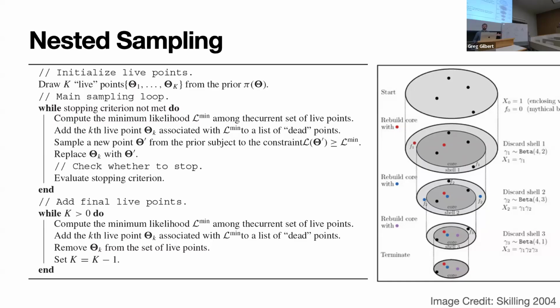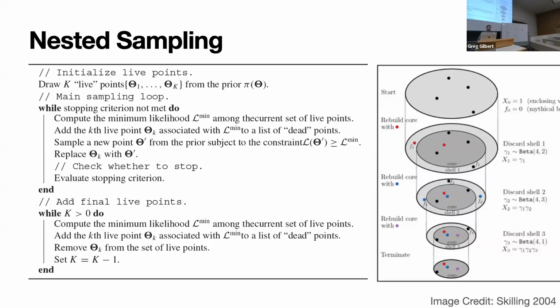These are the equivalent of your walkers in an ensemble sampler. They're not going to function quite the same way, but roughly analogous. You throw down a bunch of live points. You take whatever live point is at the minimum likelihood, you record its position, what all the parameter values are, what the likelihood is, and you track that on a list of what are called dead points.